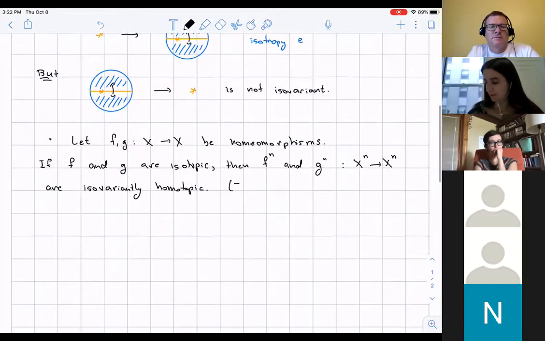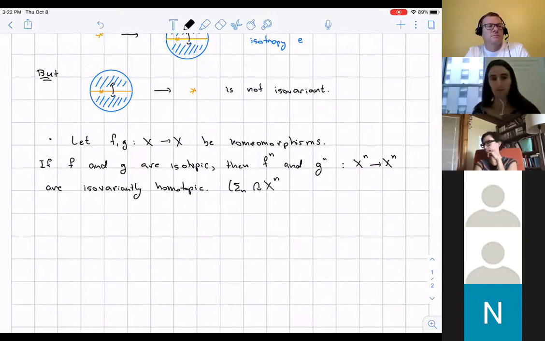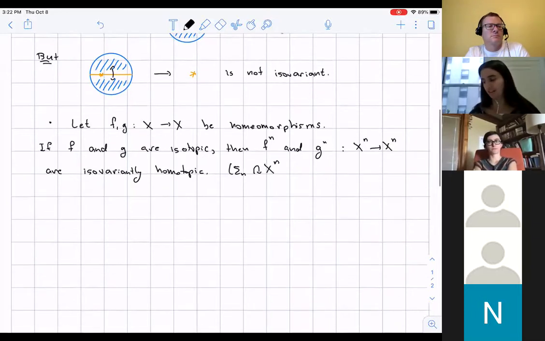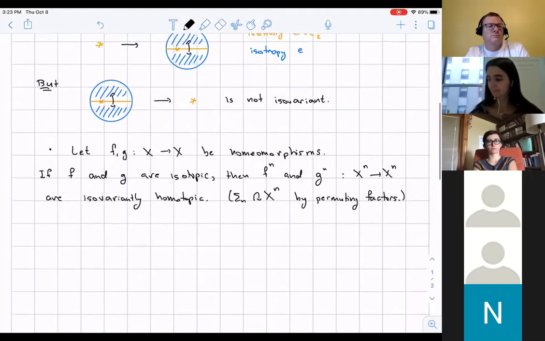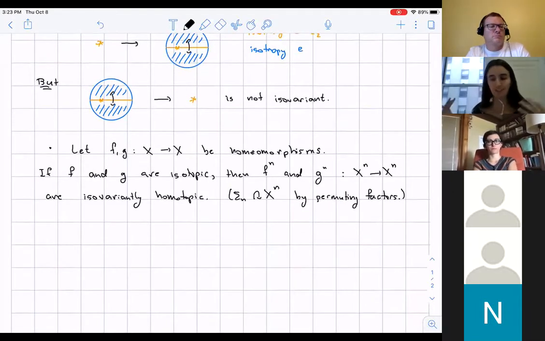Here, the action that we're taking on X^n is that the n-fold symmetric group acts on the n-fold product by permuting the factors. So this is suggesting that maybe studying maps up to isovariant homotopy could give some kind of new perspective on isotopy invariance for embeddings or for homeomorphisms or for things like that. So that's one of the hopes.